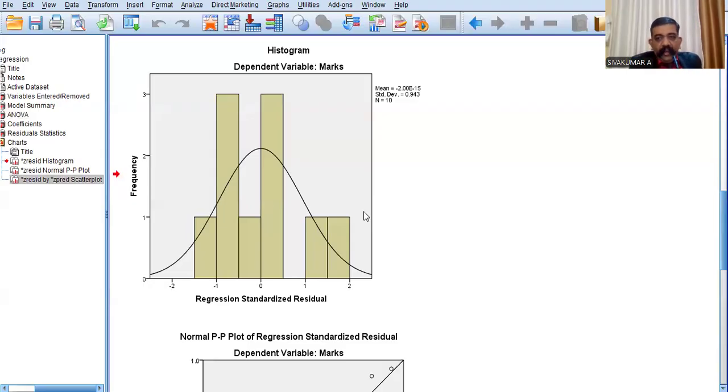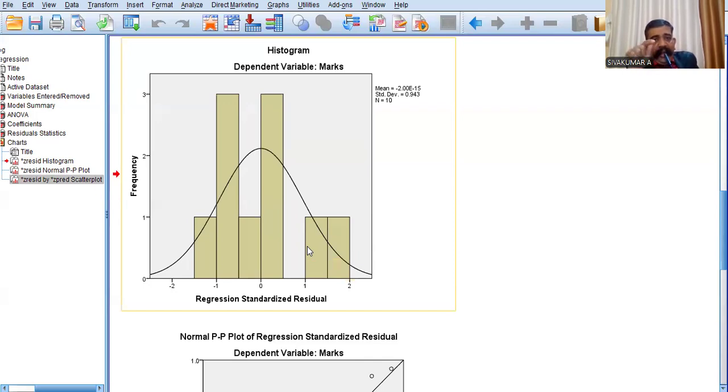There is another normality test, that is the histogram test. Here it is not actually a 100% bell shape, but somehow we can assume that it is a bell shape.